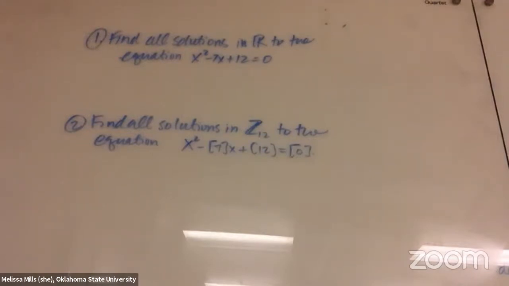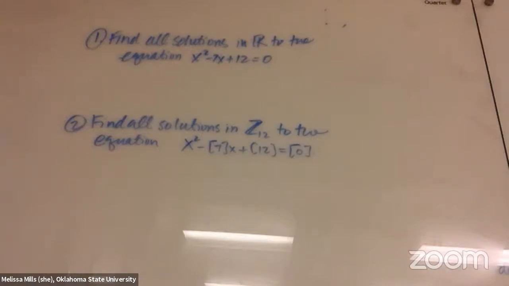It should go there because it's the same thing you said. What are we getting in Z mod 12? 3 and 4, obviously.